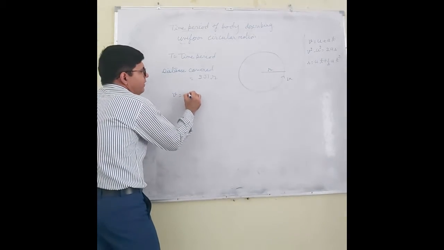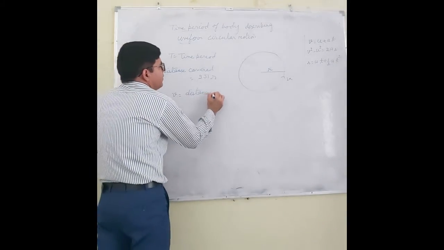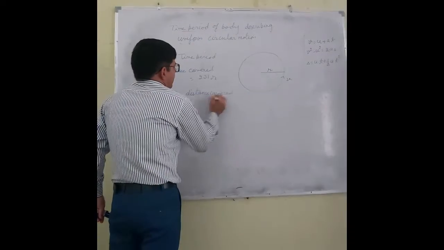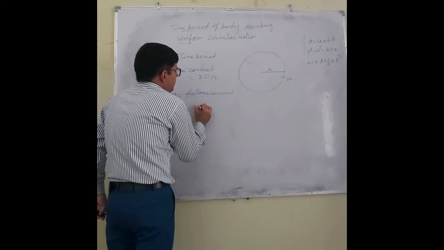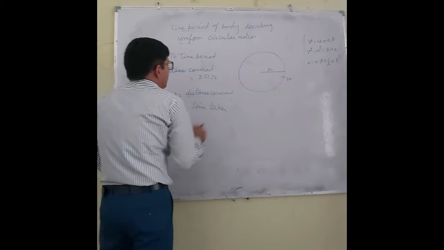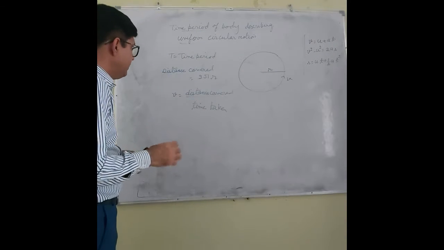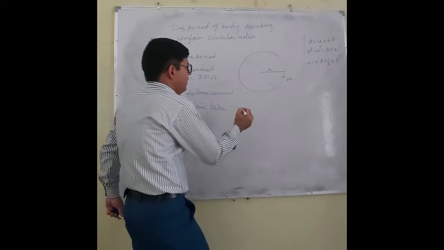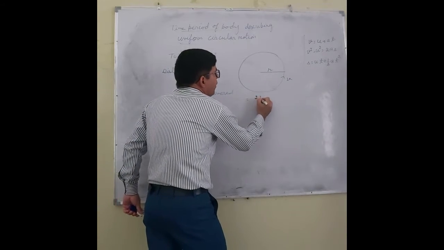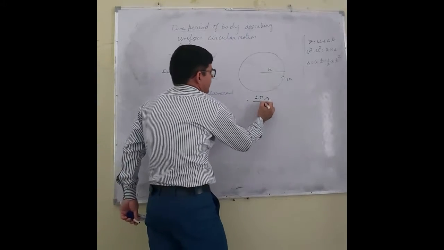Speed equals distance upon time, distance covered divided by time taken. The distance covered in this case is 2 pi r, because the body is moving along the circumference.